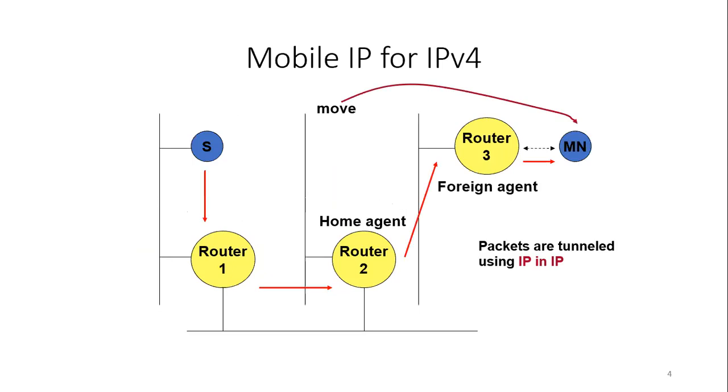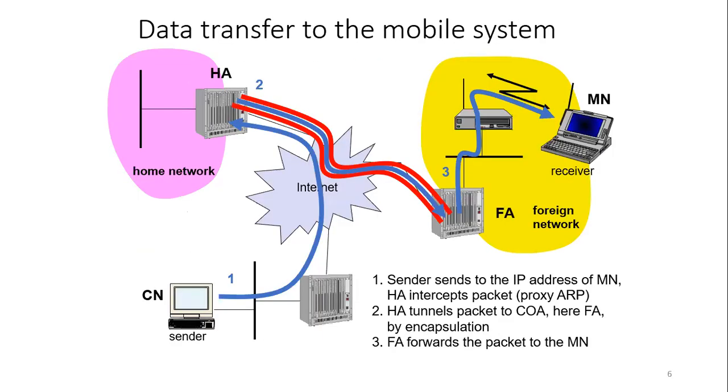Now the way it is taken care of: you are under the home network in the beginning, but later you moved here, and currently you are under this foreign network, under this FA.